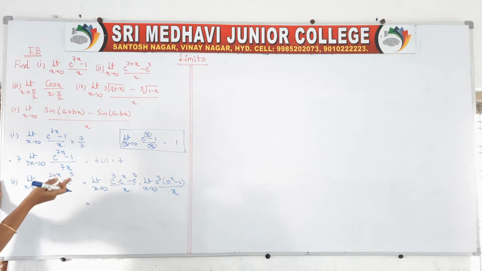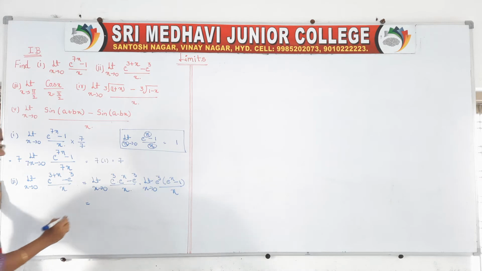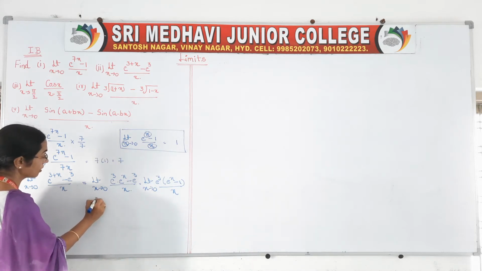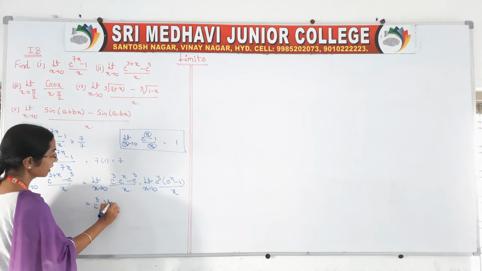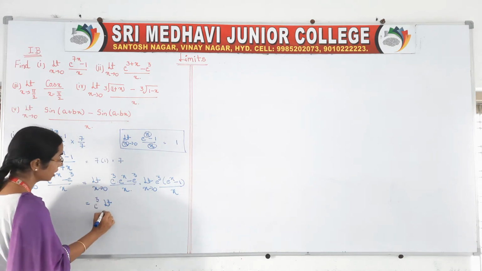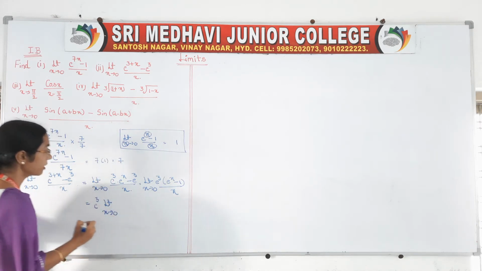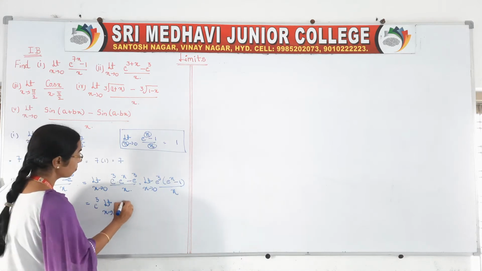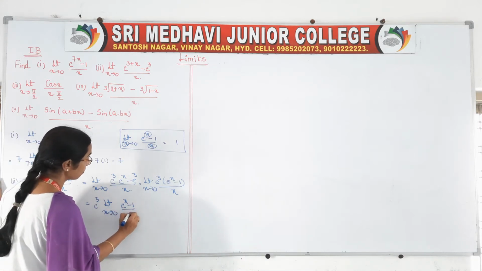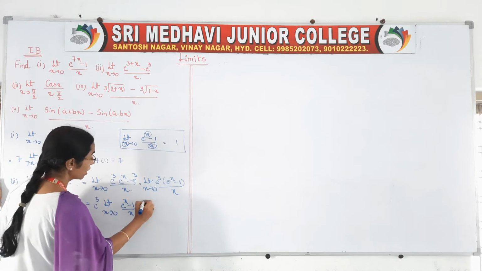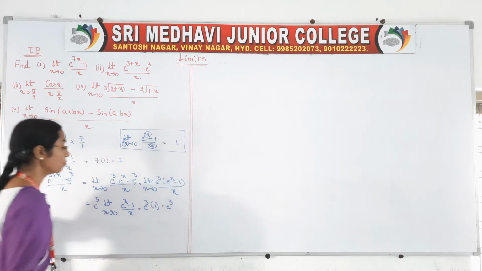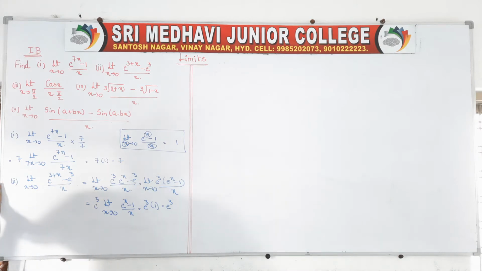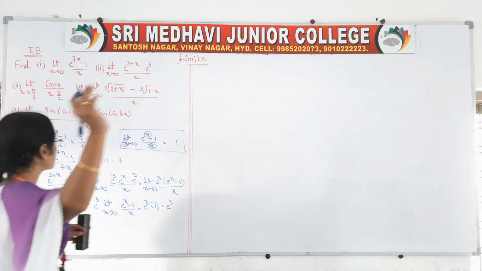If the power is 3, e to the power of 3 is a constant, so you can write it outside the limit. Limit x tends to 0 of (e to the power of x minus 1) by x is 1. So e to the power of 3 into 1 is e to the power of 3. This is your second question.